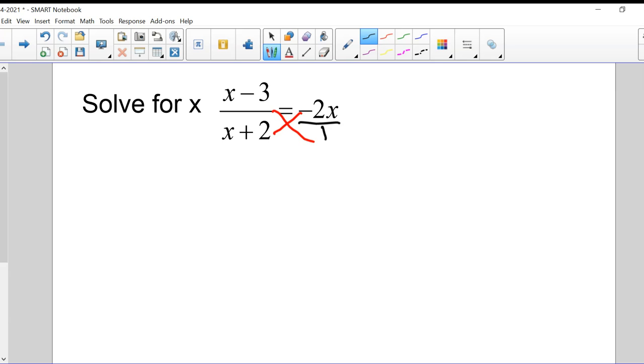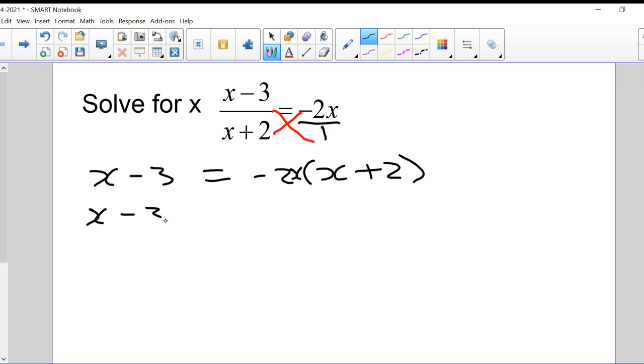Let's keep going. So I'm going to end up with x minus 3 times 1, if you like, being equal to minus 2x multiplied by x plus 2. Noah said it's going to be a quadratic, and he's right.